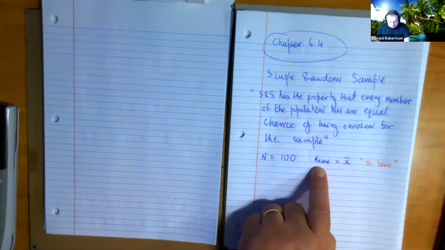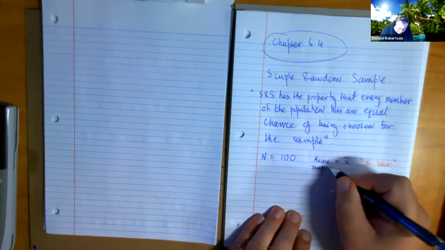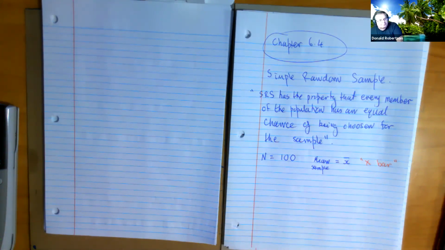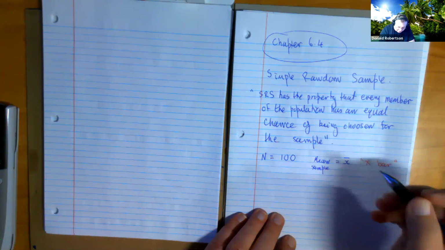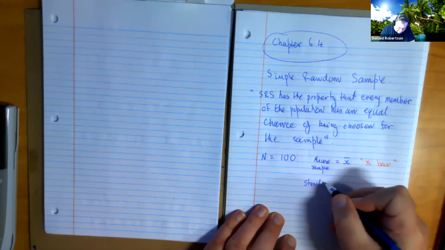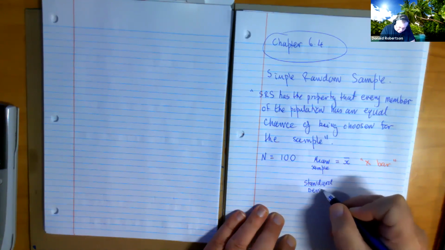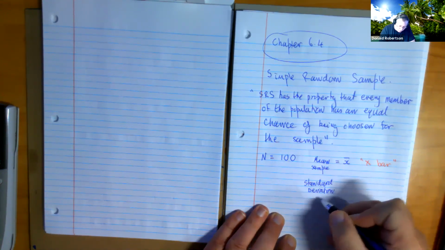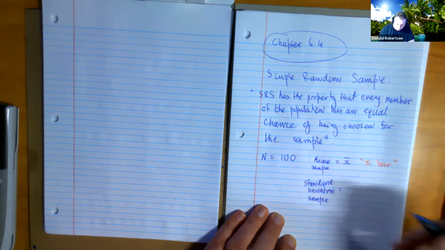So the mean of a sample is called x bar. And for these 100 numbers, can't we also find the standard deviation of a sample? So of that sample of 100 people, we can do that.